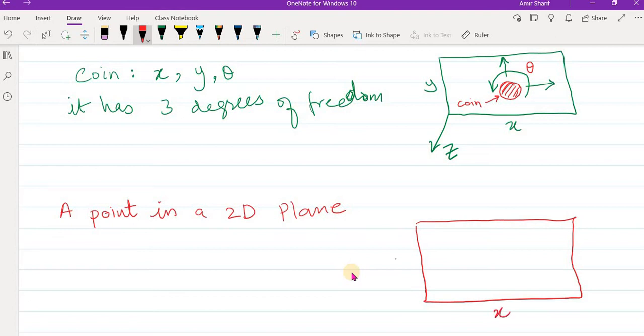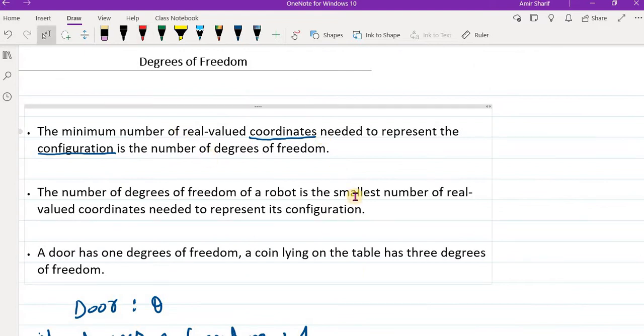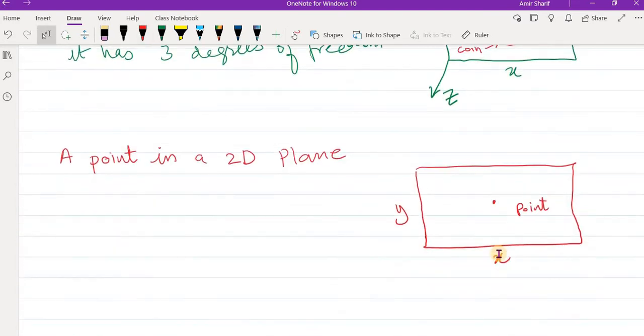So this is x-axis, this is y-axis, and here we have a point. So what will be its degrees of freedom? So first we need to define how many coordinates we need to represent its configuration.